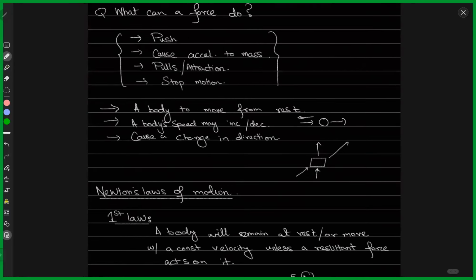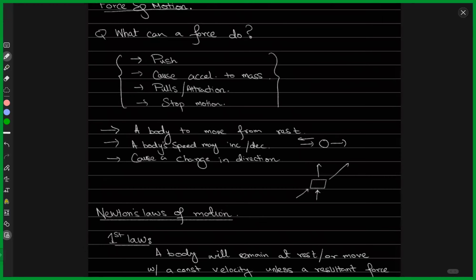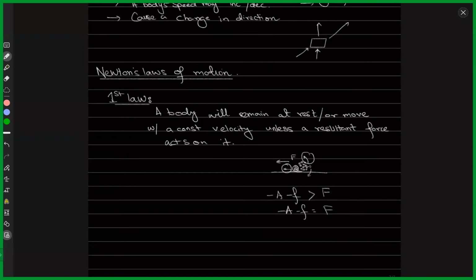And then we started talking about forces and how a force contributes to motion, where we moved our discussion to Newton's laws of motion, and we talked about the first law of motion given by Newton, which simply states that every object will continue to be in a state of motion or a state of rest unless you act on it by some resultant or net force, right?